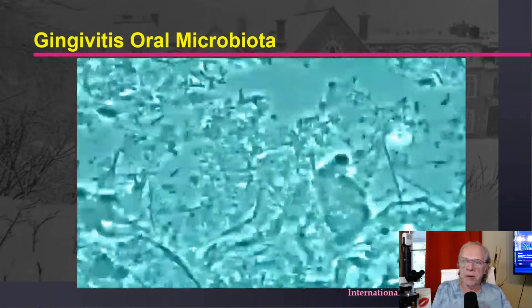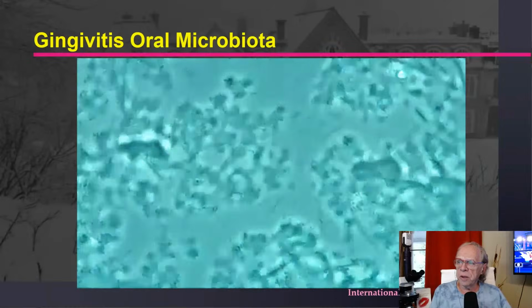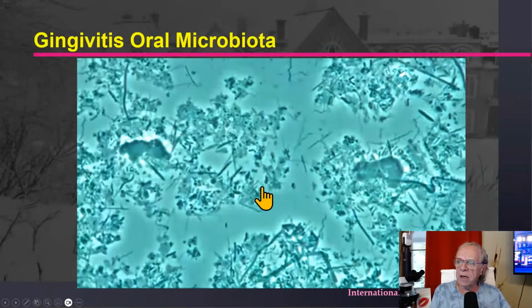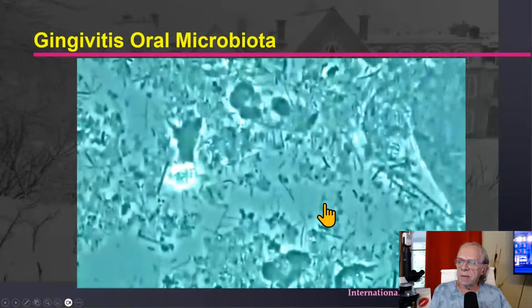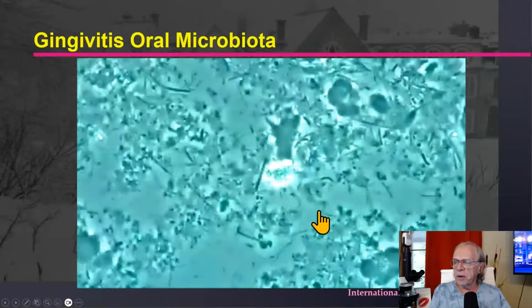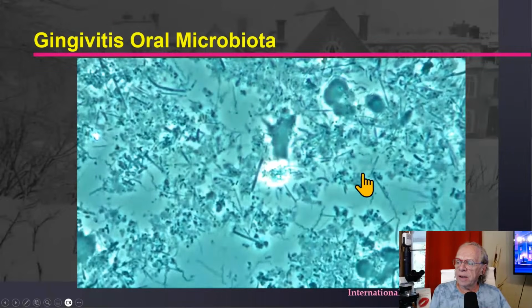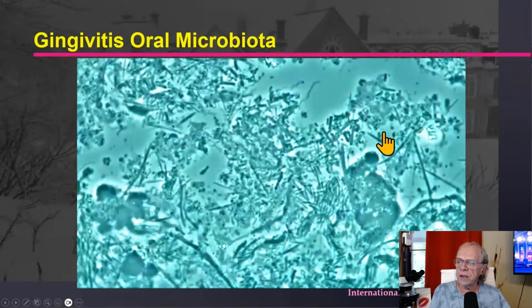If you look at the biofilm here, you have gingivitis, typical oral microbiota. You see the motile bacteria. Spirochetes are very common, some bacilli moving too, and sometimes some vibrios, but spirochetes are the most common. The other thing you see is the remnant of neutrophils. Those are neutrophil nuclei.